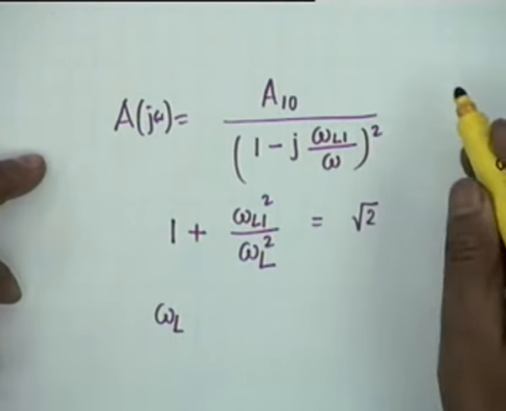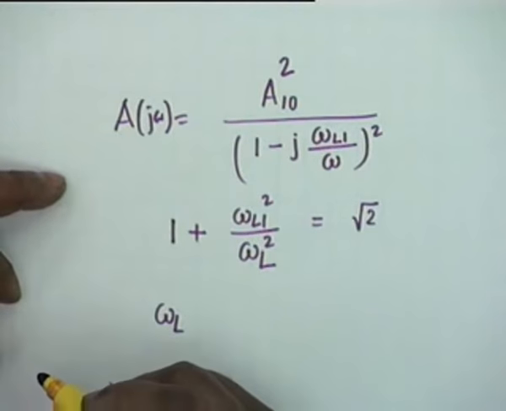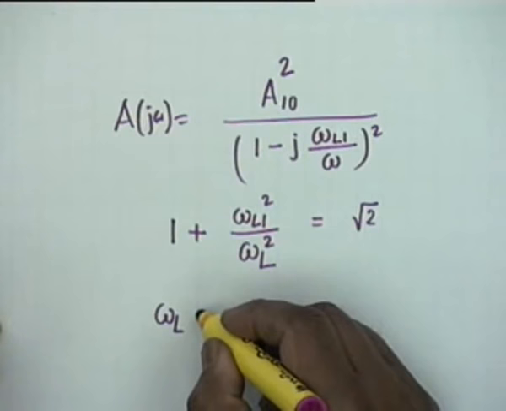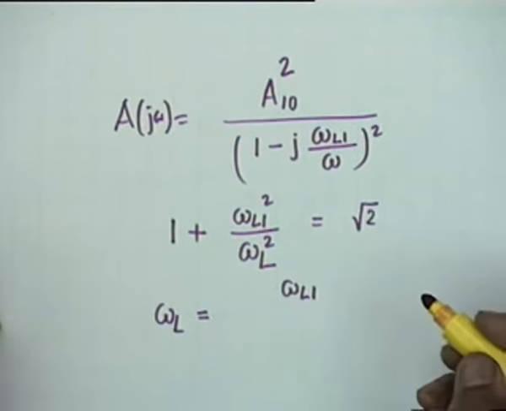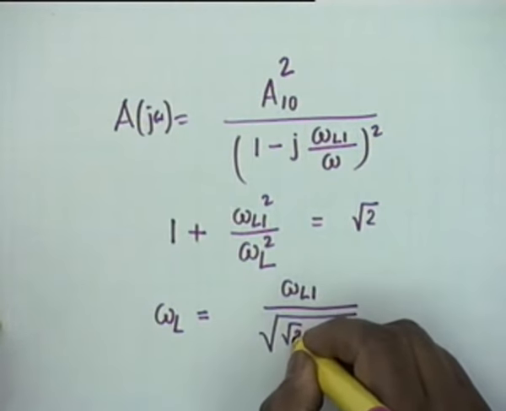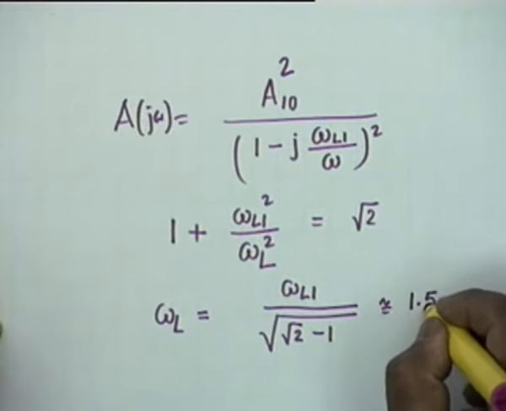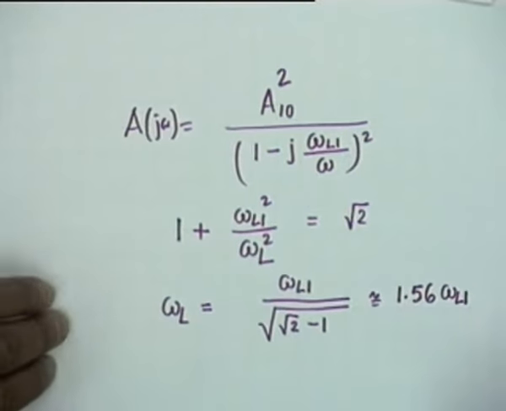Is this point clear? Magnitude is put equal to A10, I have made a mistake, this is A10 squared. It would be A10 squared divided by root 2. By simplifying this, this is what you get, and omega L therefore shall be equal to omega L1 divided by square root of root 2 minus 1, and this is approximately 1.56 omega L1.